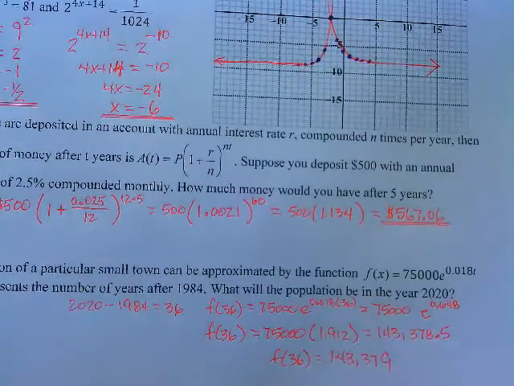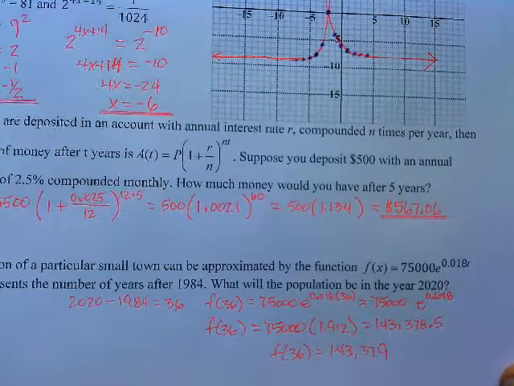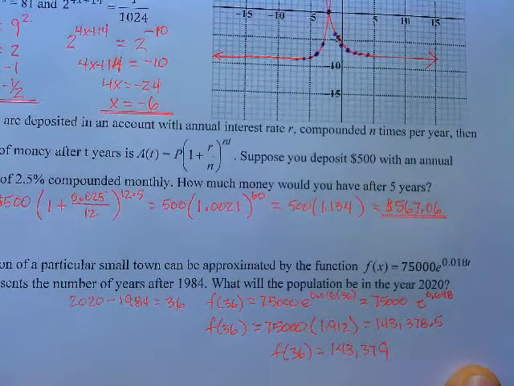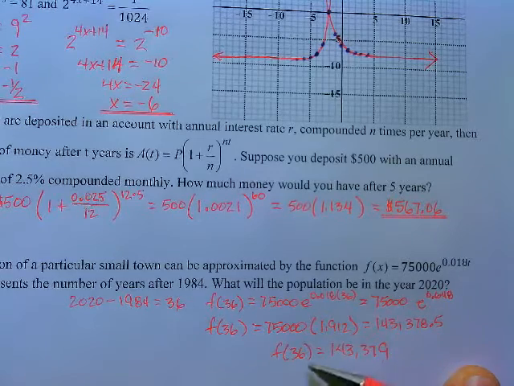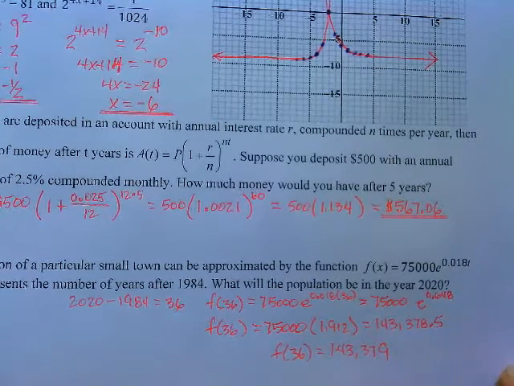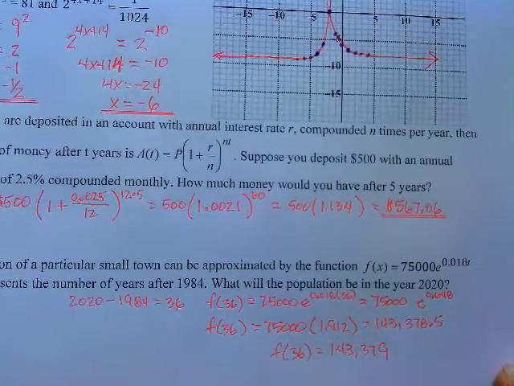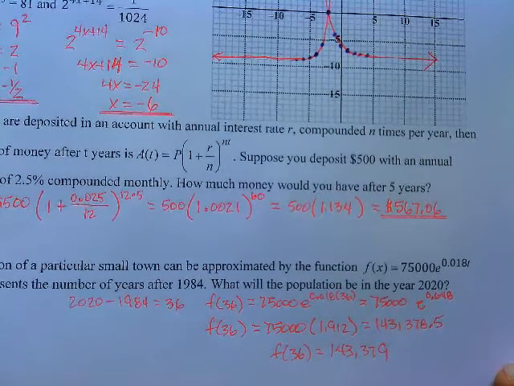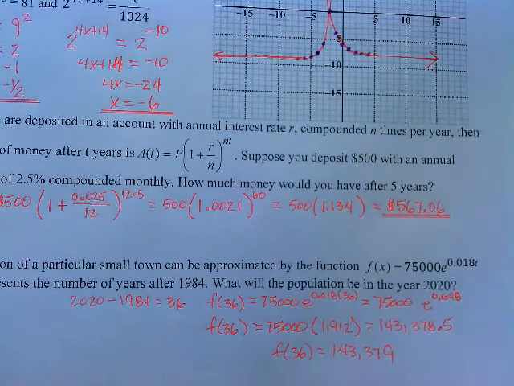So that kind of shows you how the natural exponential function works. Even with this very small number of 0.648, we were almost at a point that every 36 years, maybe just slightly over 36 years, we would double our population. So there's the section on exponential functions.